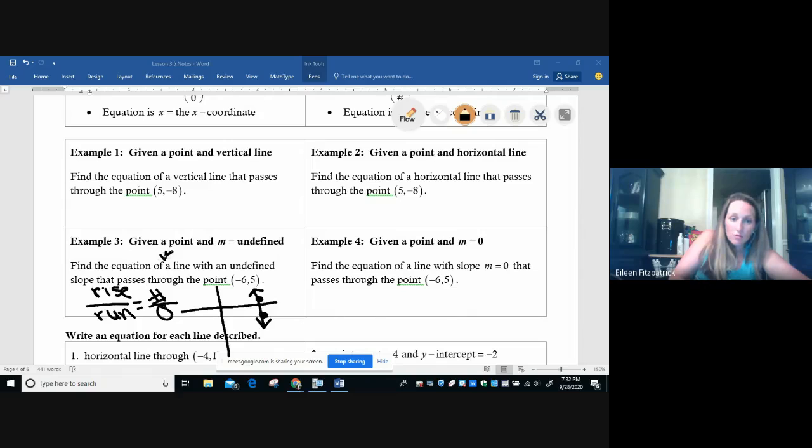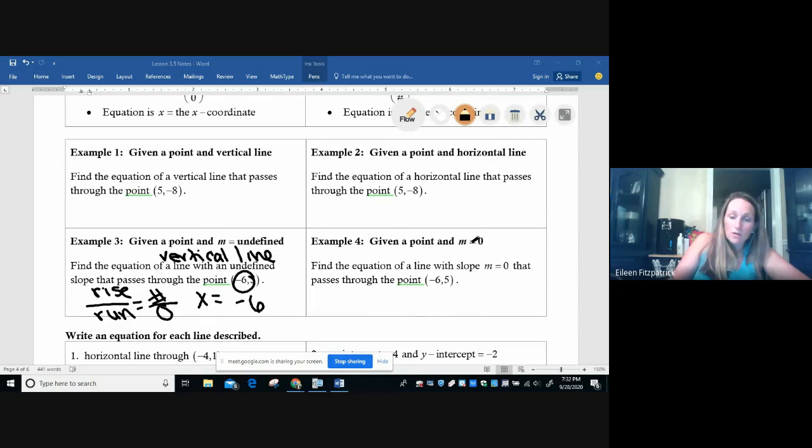So this is a vertical line. And all vertical lines have an equation of x equals some number, and it's going to be the x coordinate that the line goes through. So x is equal to -6.